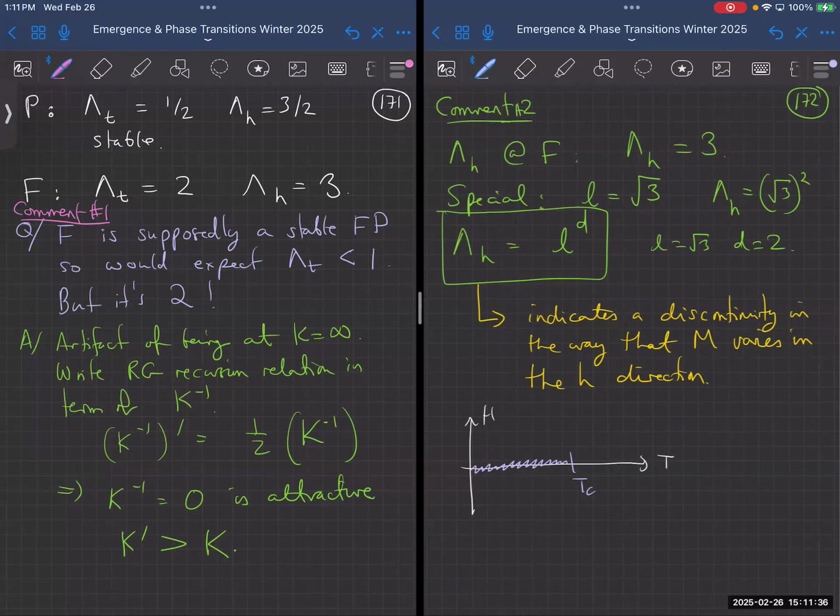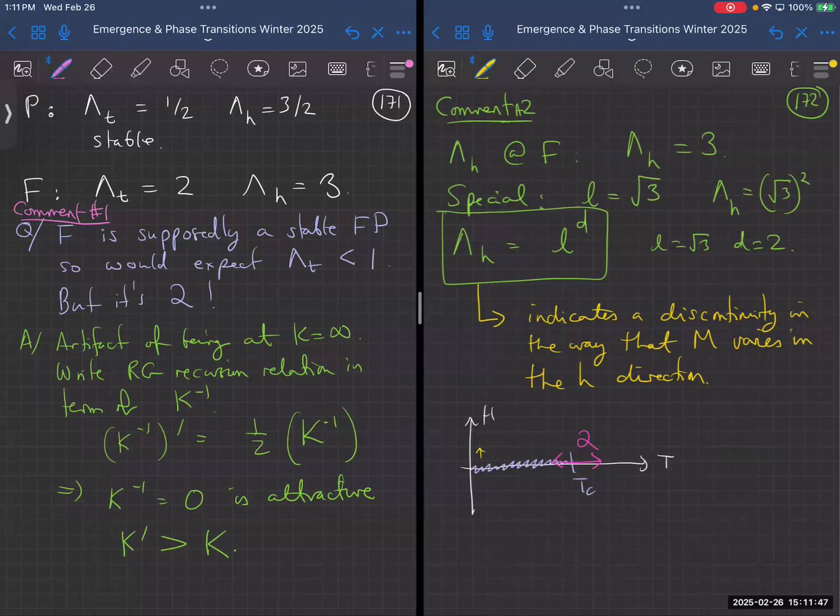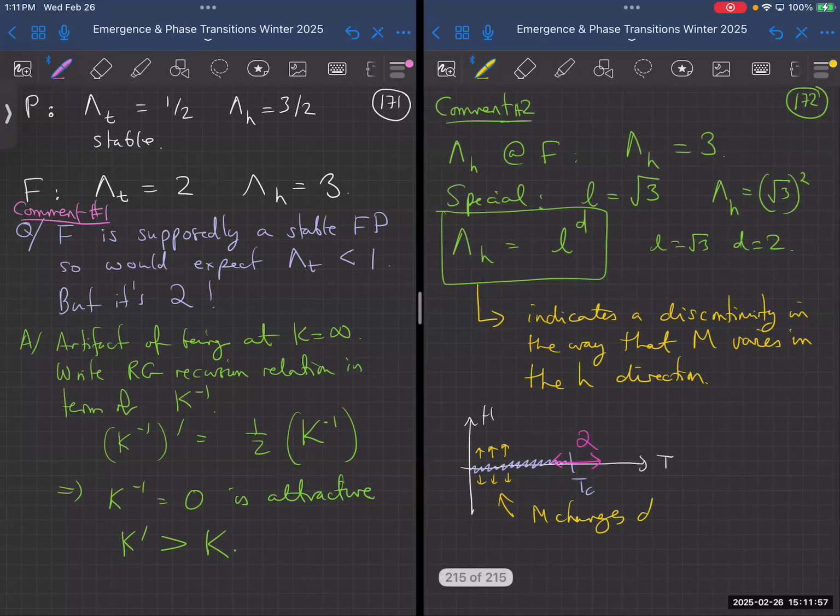Here is Tc, and then we know that in this direction we have a second order, a continuous phase transition, and in this direction, here the spins are up, here the spins are down, and so m changes discontinuously for t less than Tc as you go from h is 0 minus to 0 plus.